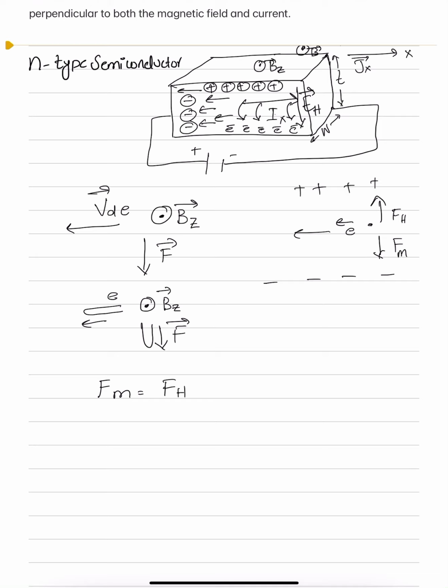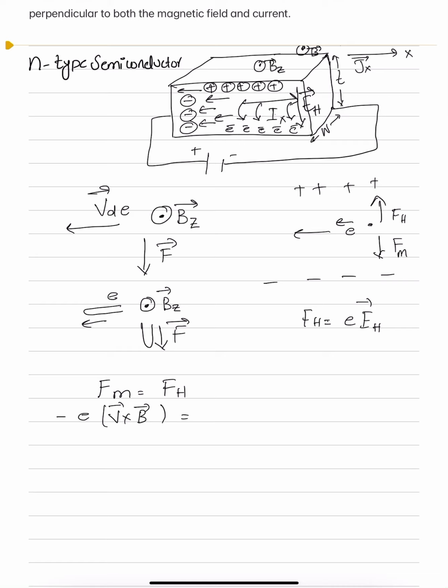Now, what is Fm? Fm is the Lorentz force. We know from high school that the Lorentz force is minus e v cross B. And Fh, the Hall force, is equal to e EH.